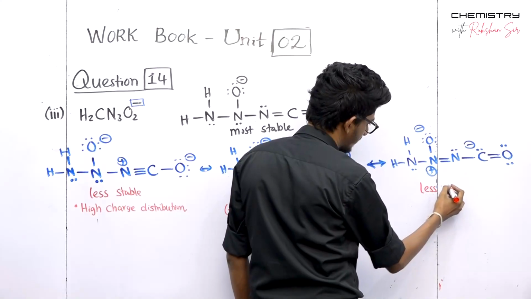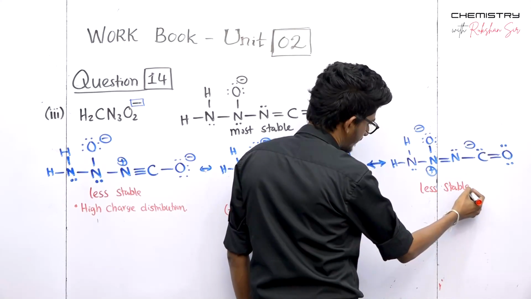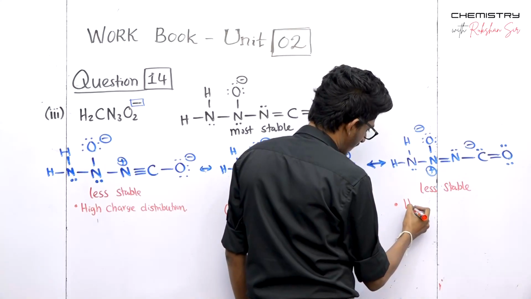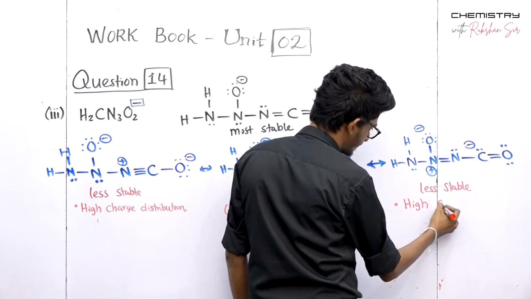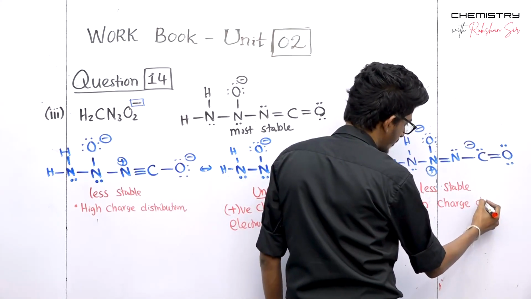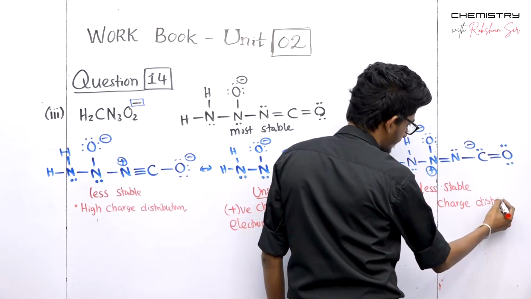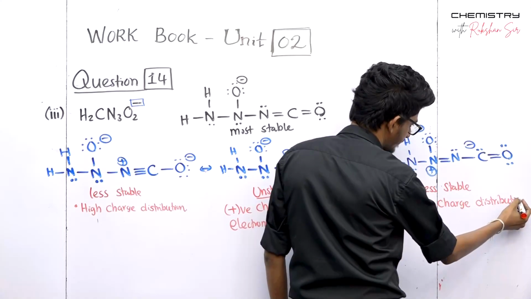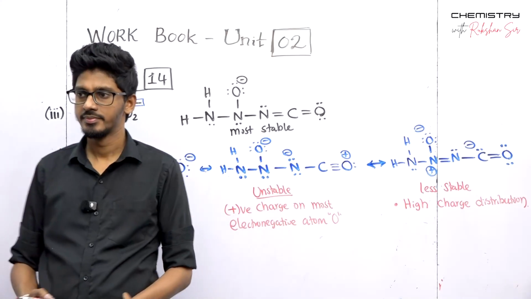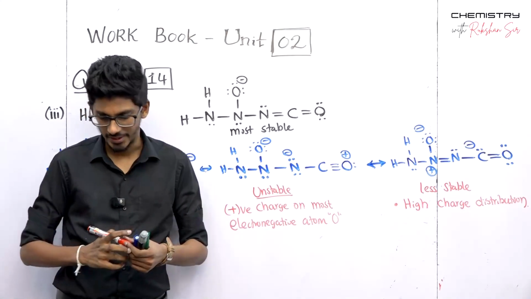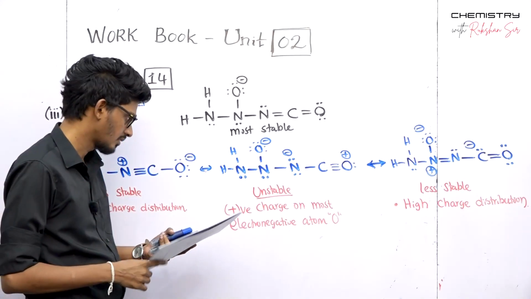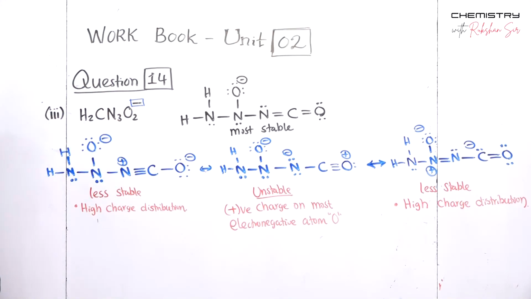It is written as high charge distribution. Okay. So that is how we are supposed to come up with it. Okay, this is Roman number 3.